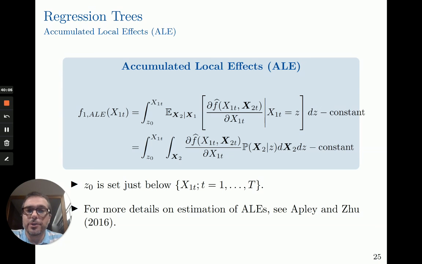We take the derivative with respect to x1, conditional on x1 equal to some z. We take the expectation of this term with respect to the conditional distribution of x1 given x1 equal to z. And then we integrate in a neighborhood from z naught up to x1. So this is equivalent to this expression here.